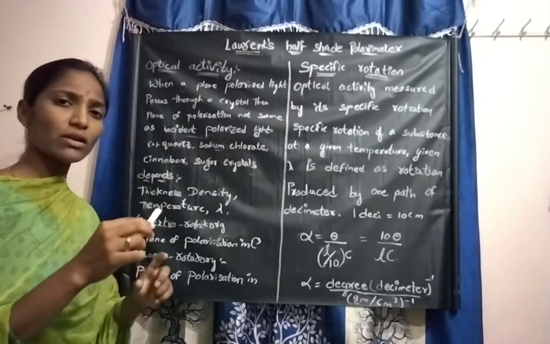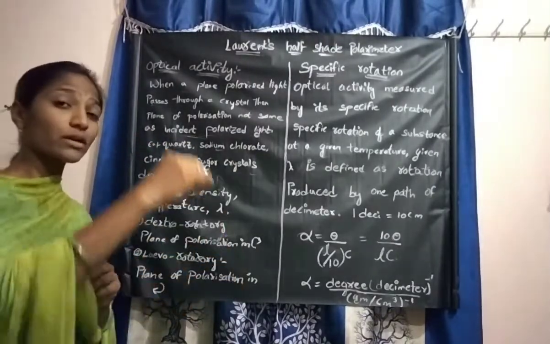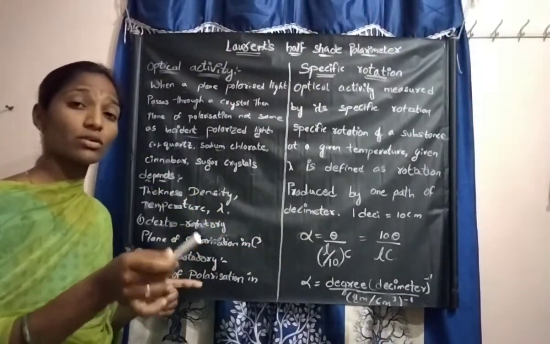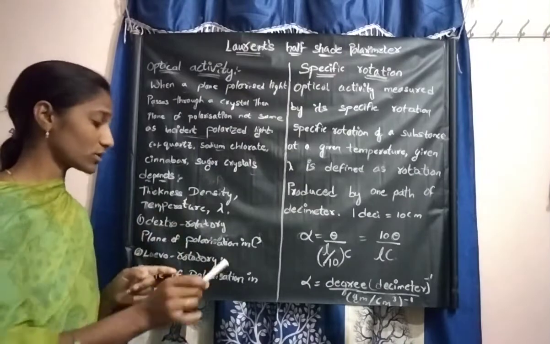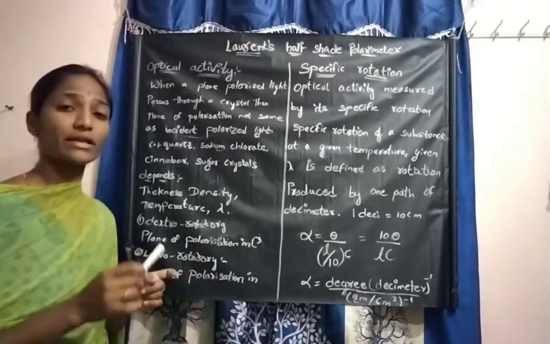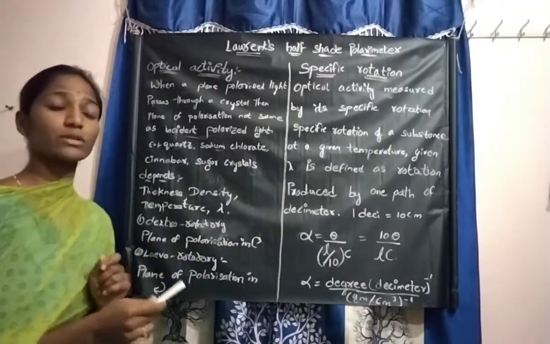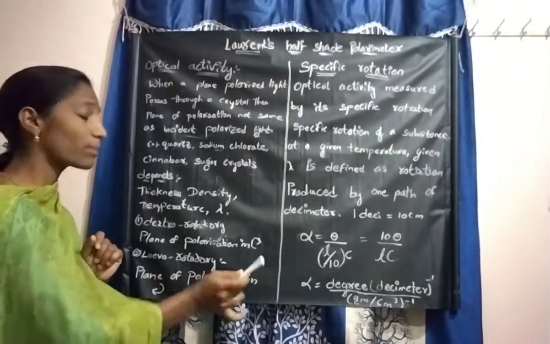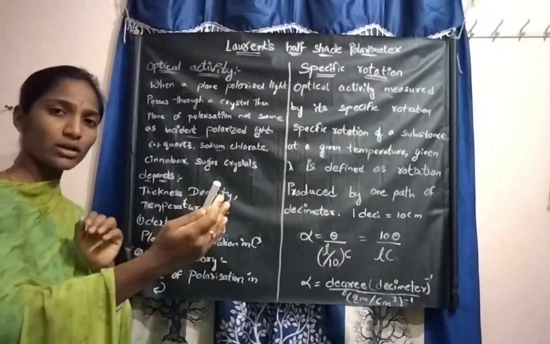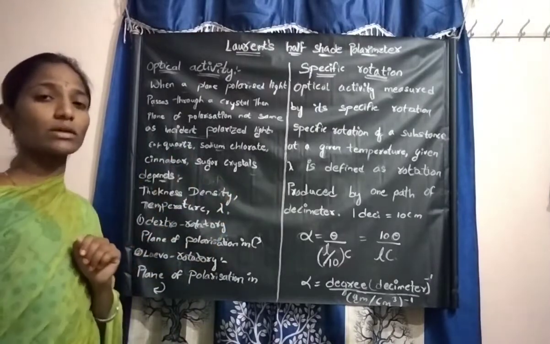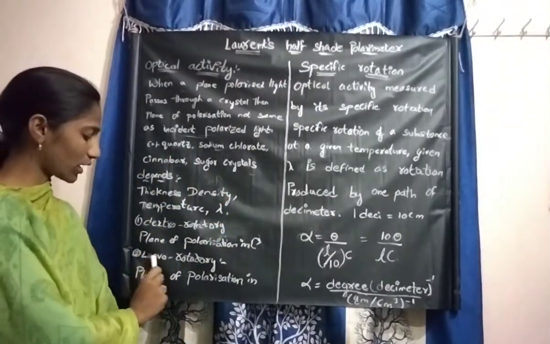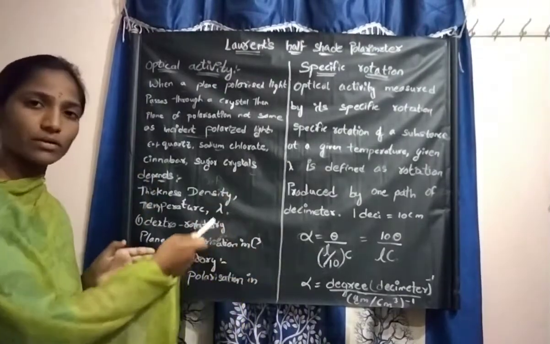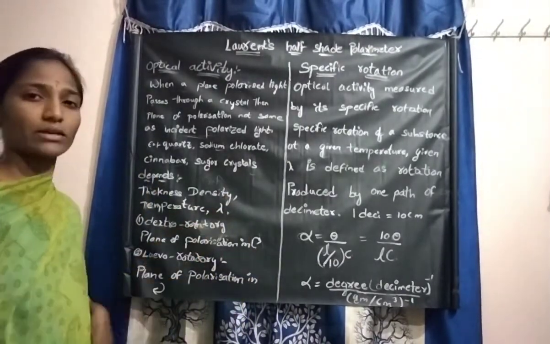If the plane of polarization is rotated in a clockwise direction, then it is known as Dextro Rotatory, that is, right-handed rotatory. If the plane of polarization is rotated towards the anti-clockwise direction, then it is known as Laevo Rotatory. So this is the theme of the optical activity.